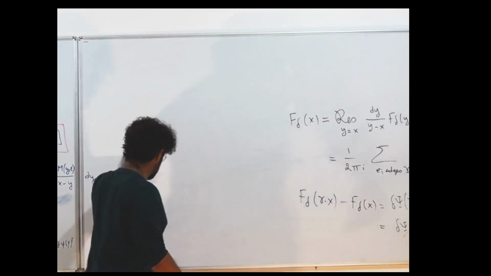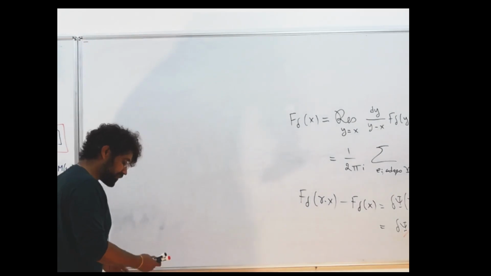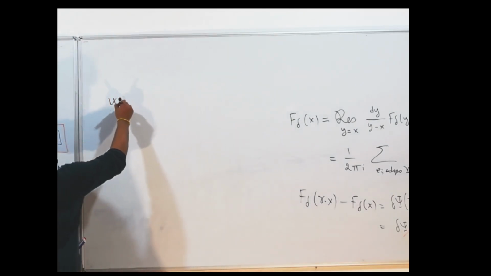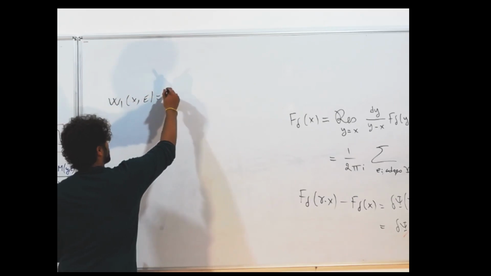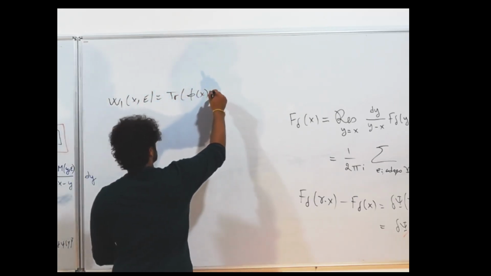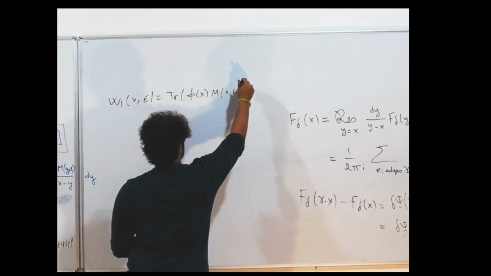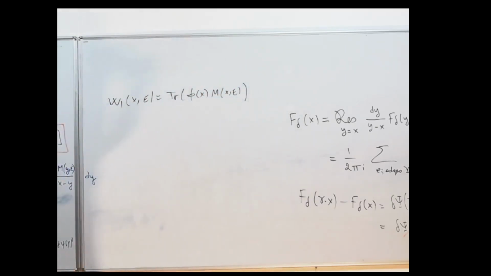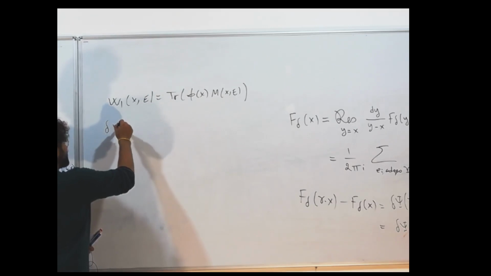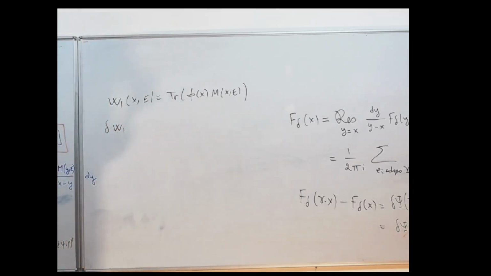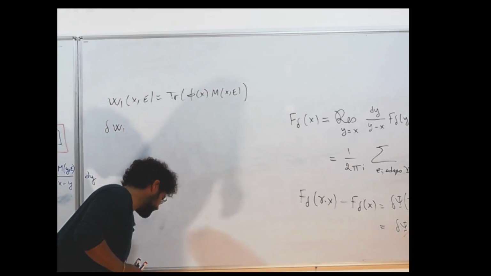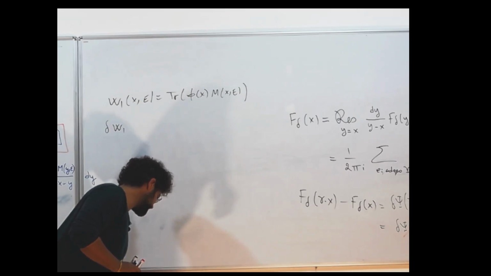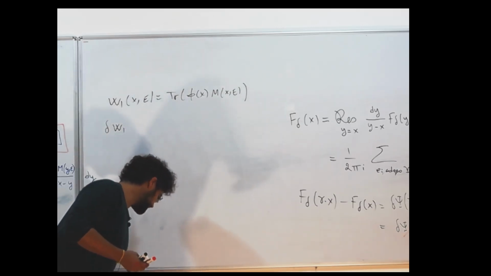Okay, so now what happens if we deform W1? So W1, x comma e, that was a trace of phi of x, m of x comma e, like this. All right, so this now you can deform it, calculate delta of W1, and I'm going to spare you the calculation because I don't have time to do it.